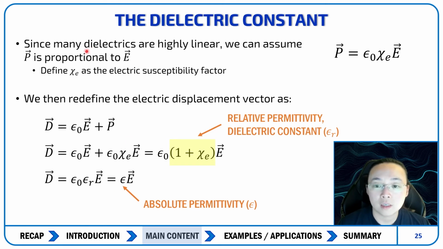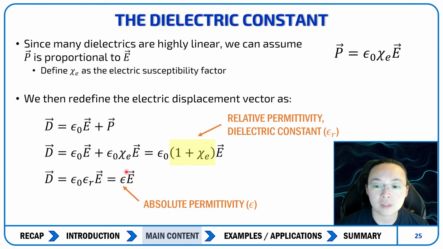So a lot of dielectrics are highly linear. So we can assume that the polarization vector is usually proportional to E. And so we're going to define chi E as the electric susceptibility factor. So we have this equation over here to use. And we're going to use the previous equation for the displacement vector by replacing P with this term.